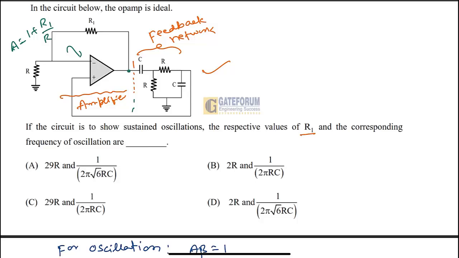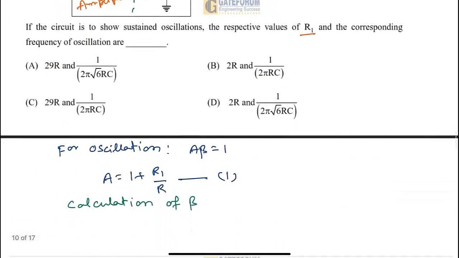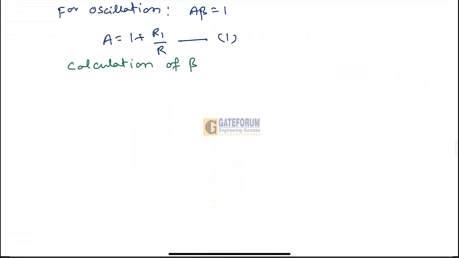We consider the output of this op-amp as V0, and this point's voltage as VF. For the feedback network, the gain beta is defined as VF by V0. So we have to perform the calculation of beta for this feedback network next.